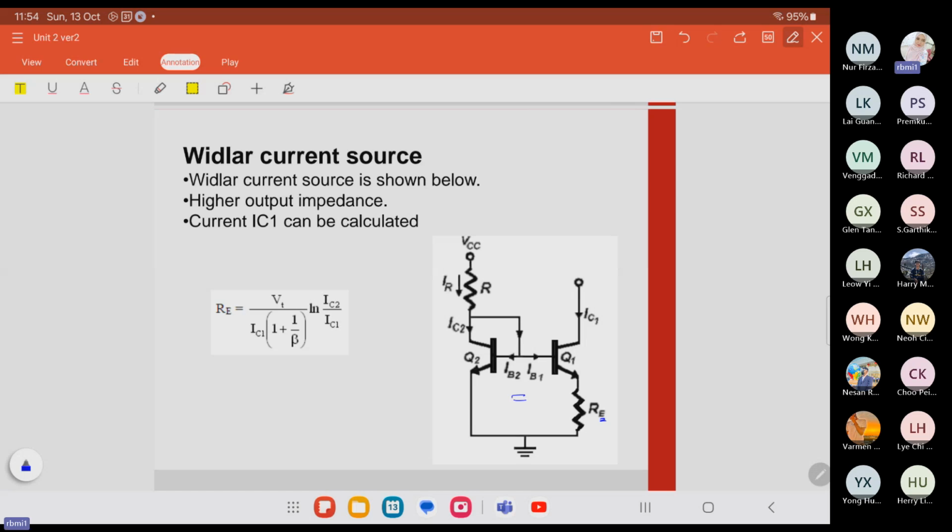The first method is the Widlar current source, and we have the RE here. These are the expressions for it.